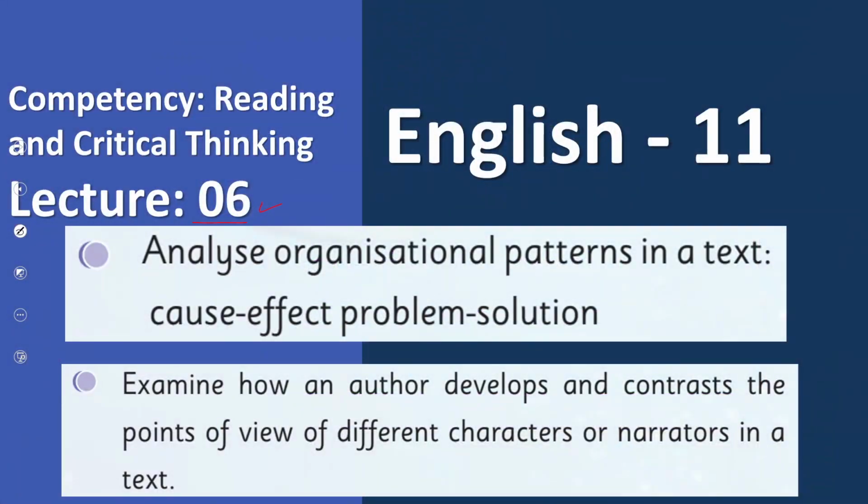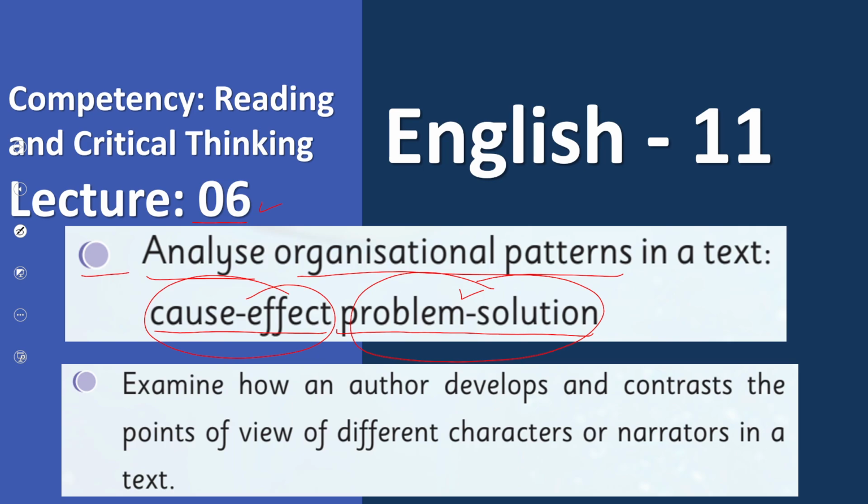First one says, analyze organizational patterns in a text, cause and effect, and problem solution patterns. So students, when we are talking about a text, anything that is written, they are based upon different patterns. You can find cause and effect relationship and also problem solution relationship or pattern in any text.